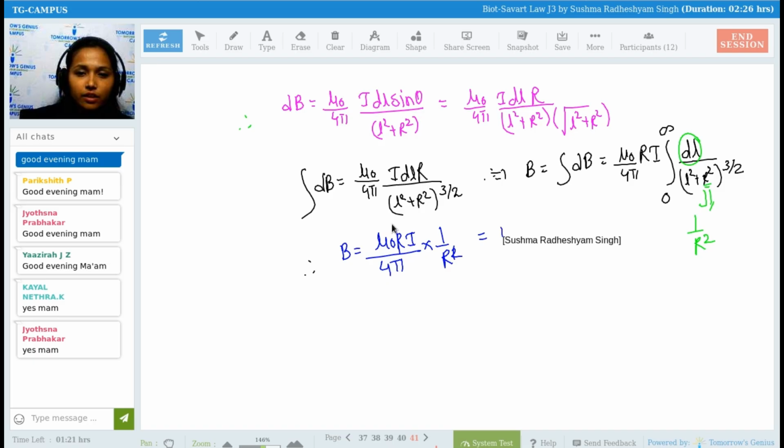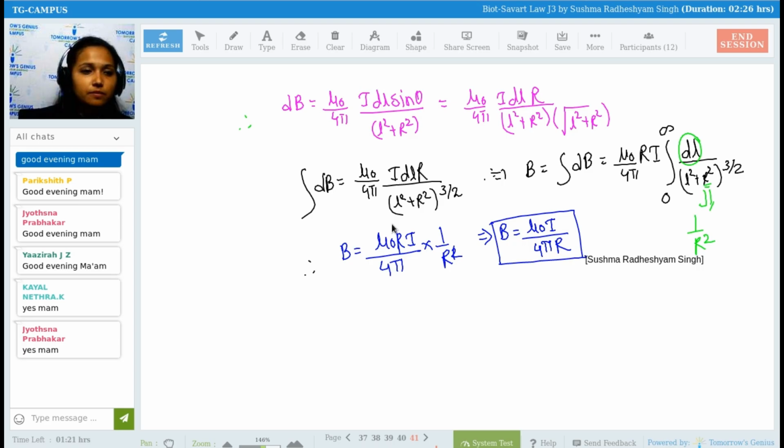Now R square gets cancelled. We get B is equal to mu naught I upon 4 pi R. Clear this first of all, students? Magnetic field value clear? Integration value is 1 over R square. You directly substitute. No need to solve here. It is just a trick.